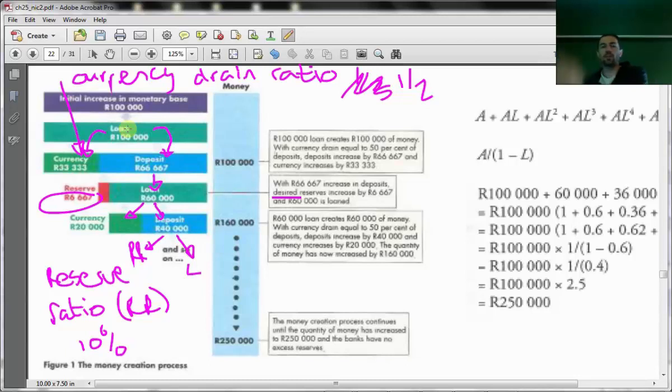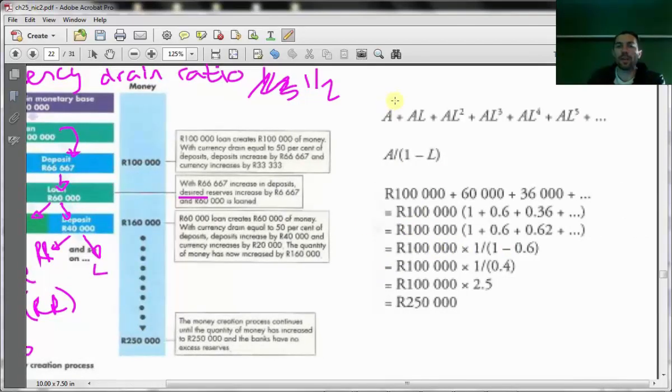If we continue this process, what we have is a geometric sequence. What does our geometric sequence look like? Here's our initial deposit amount, A. L is the amount that we will lend of that initial deposit amount.